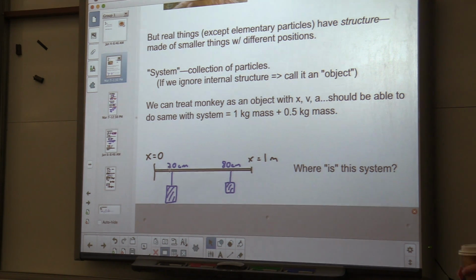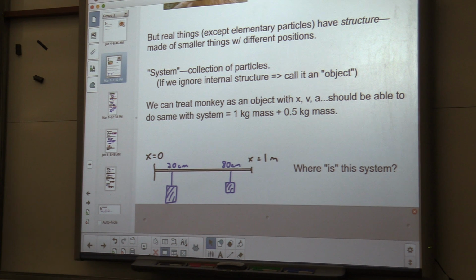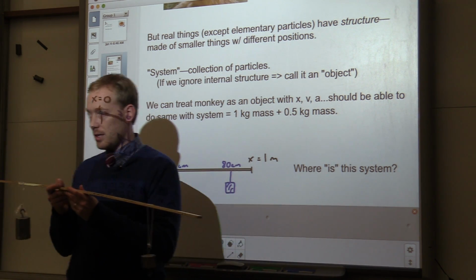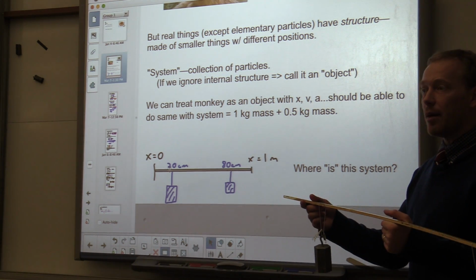So here was the first question that I asked you to consider. I didn't ask you to consider it with quite the same language then as I am now. If we have half a kilogram at 80 centimeters and 1 kilogram at 20 centimeters, and we were to ascribe just one position to this setup, what is the one position that we would ascribe to it?